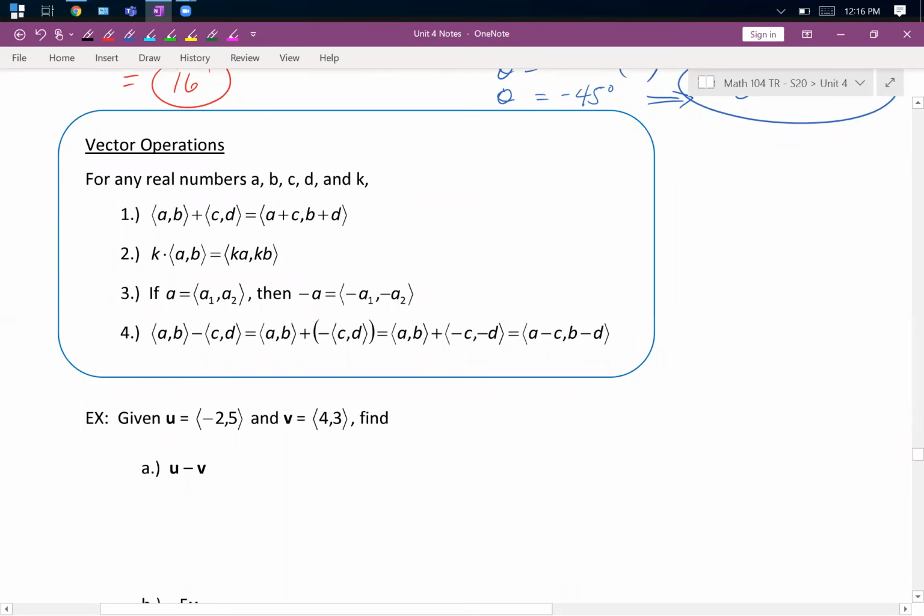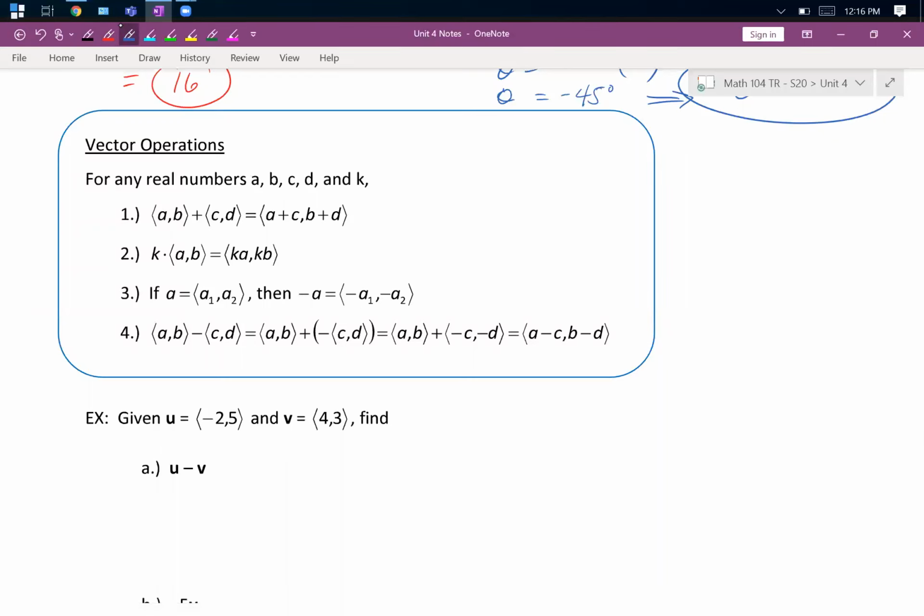Vector operations. If you want to add two vectors, all you do is add the first two components and then add the second two components. That's it. If you want to multiply a vector by a scalar, you just distribute that scalar in. Multiply the first component by the scalar, the second component by the scalar. If vector A equals <a1, a2>, then vector negative A equals <-a1, -a2>.